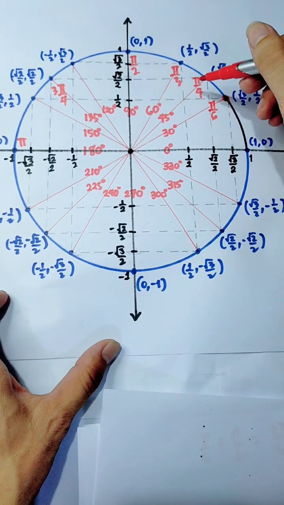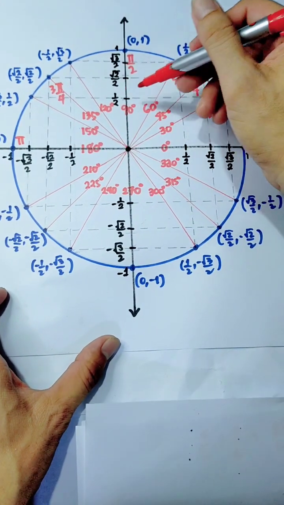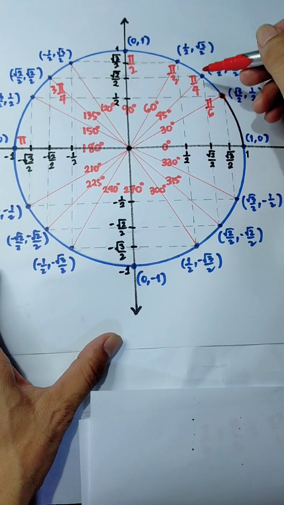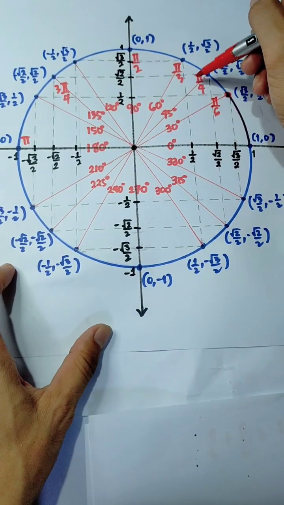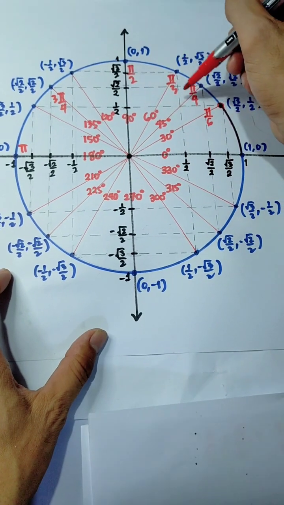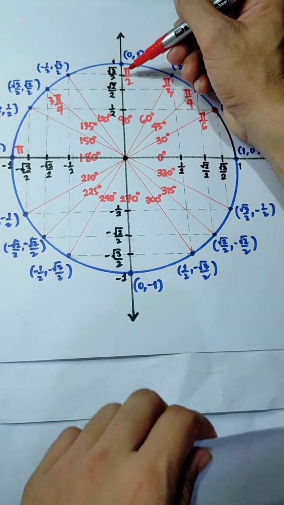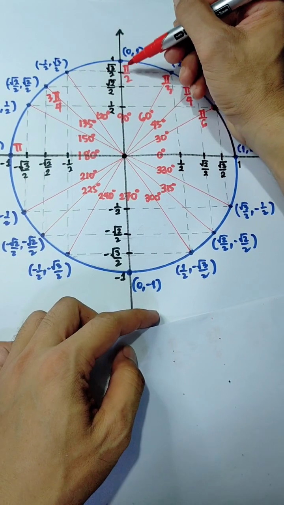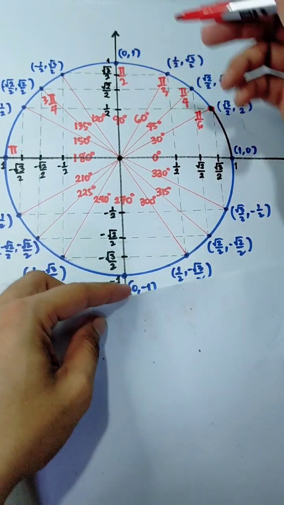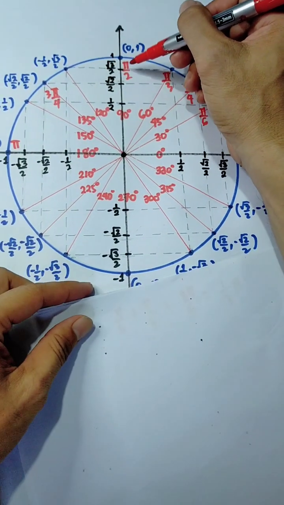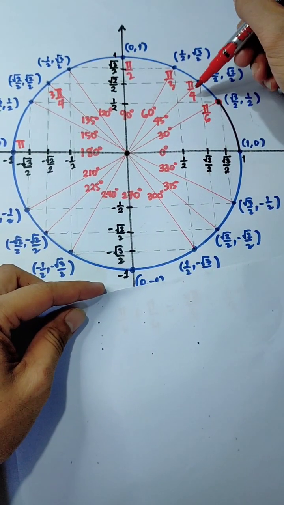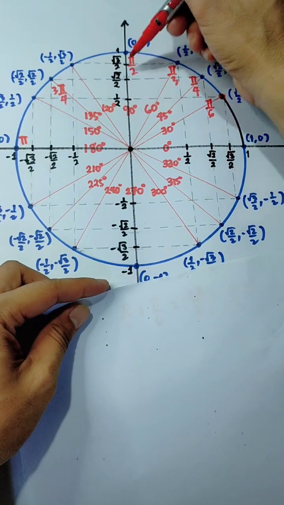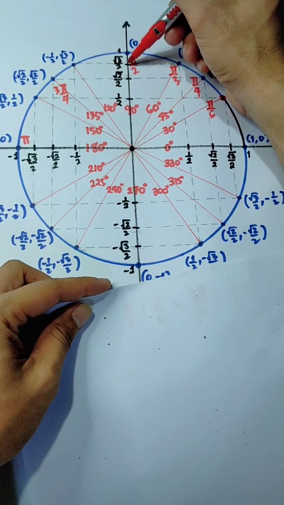Let's focus first on every 45 degrees of this unit circle. 45 degrees is pi over 4. And then another pi over 4, that is 2 pi over 4, that's pi over 2.